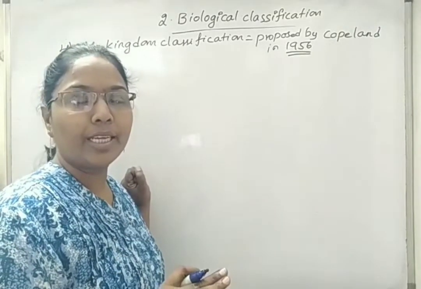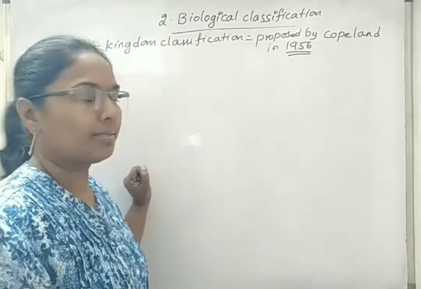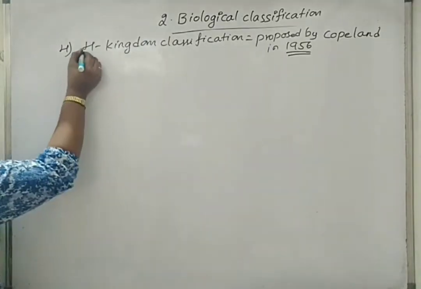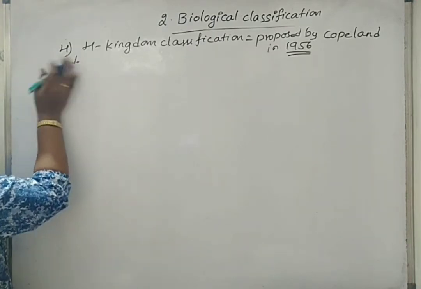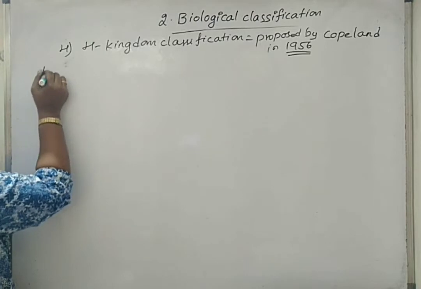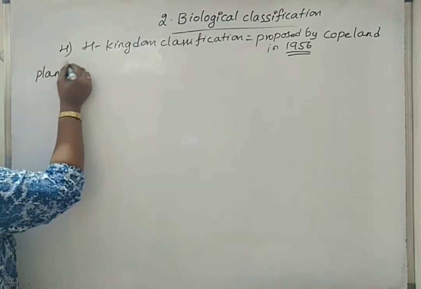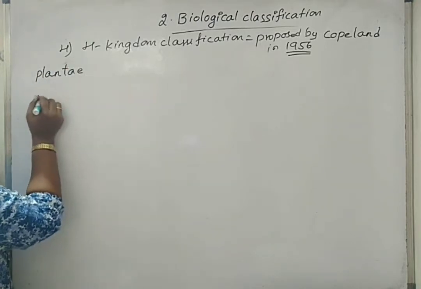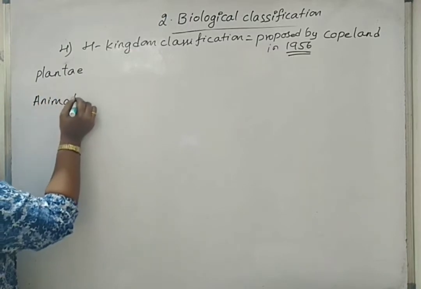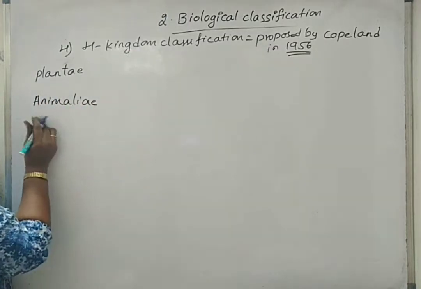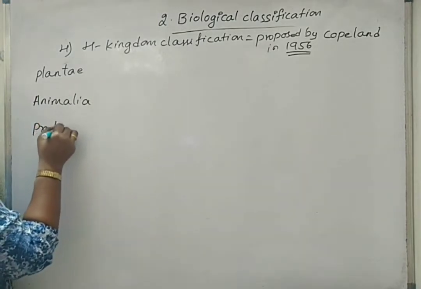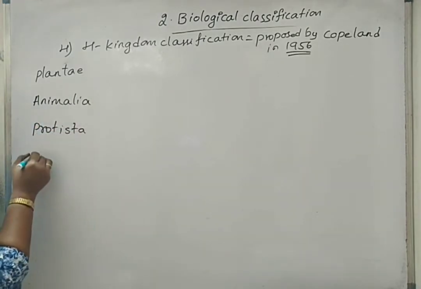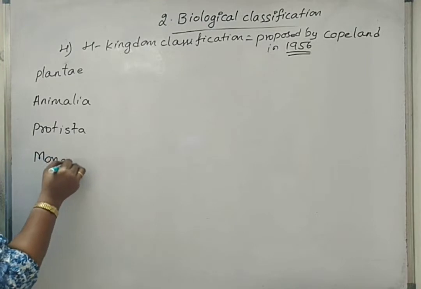Four kingdom classification 1956. So in this four kingdom classification, what are the names given? One is Plantae, next is Animalia, next is Protista. The fourth one newly mentioned is Monera.